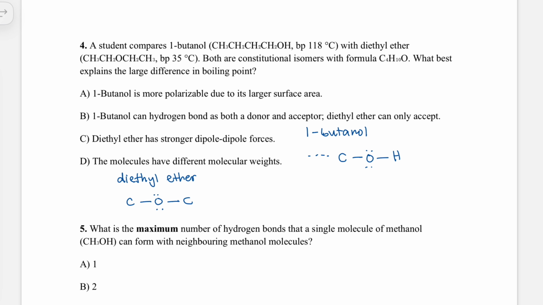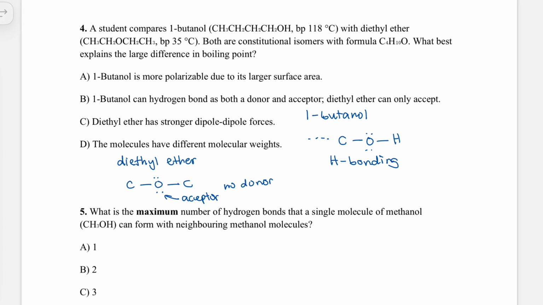So let's look at what IMFs are present. In this first one, we have a hydrogen attached to an oxygen, which indicates that there is hydrogen bonding, right? We have the donor, which is the hydrogen, and then the acceptor, or the lone pairs on the oxygen. And then let's look at diethyl ether. This one does not have hydrogen bonding. We have an acceptor here because there's an oxygen with lone pairs, but we don't have any hydrogen attached to it, which can be the donor.